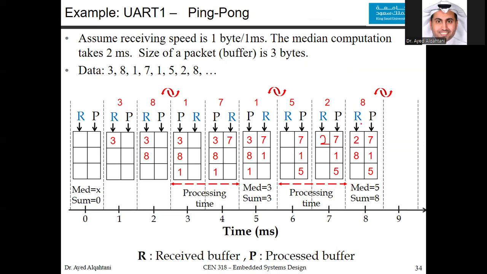And at this point, the processing time finished. You calculate the median value, you sort, and then you will find that the median is equal to 5, and you accumulatively sum it with the previous 3. So now the value is 8.